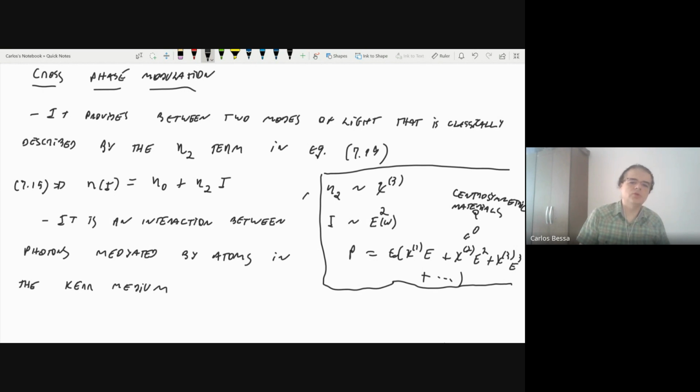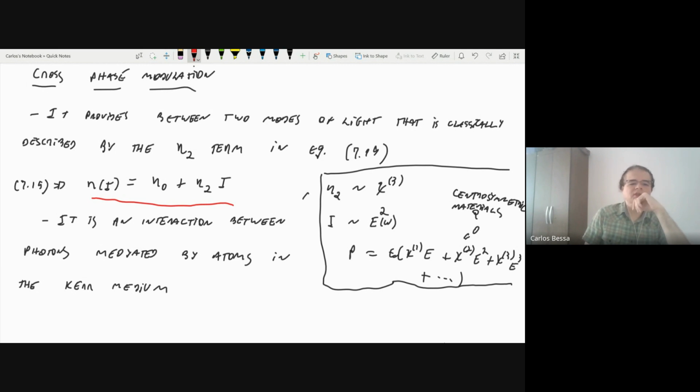Remember that I told you this equation is phenomenological. Doing phenomenology, we see that this equation is right. But you could also use first principles to determine the equations related with quantum optics.